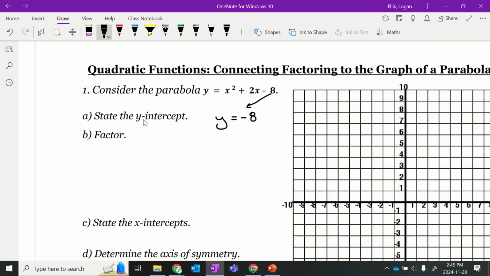This is where I want you to remember, or relearn if you don't remember, all about the sum and product conversation we had last week. As a reminder, we are looking at this equation here, and the sum is 2, the middle term, and the product is -8. What this means is we are looking for two numbers that multiply to -8 and add to 2.